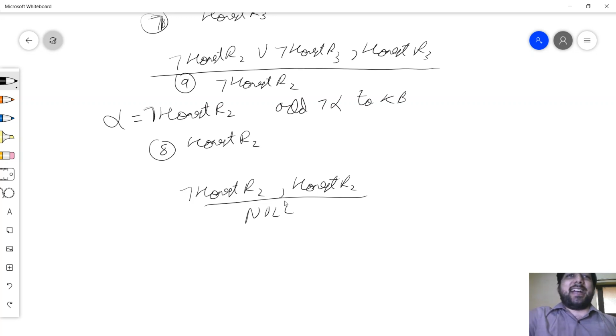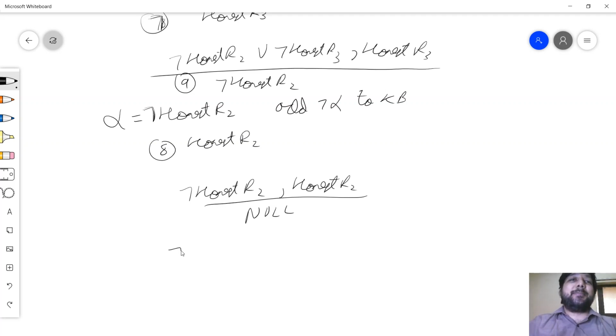That means I go absolutely nowhere, and because I go absolutely nowhere, it means this model is not satisfiable. I've ended up with false or false, and somehow I need to make it true.